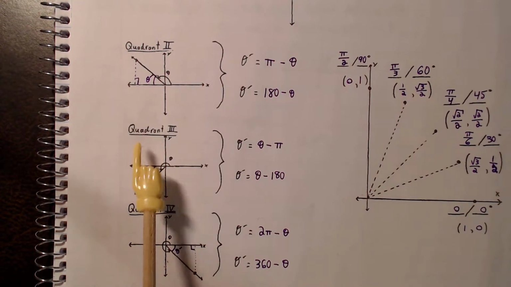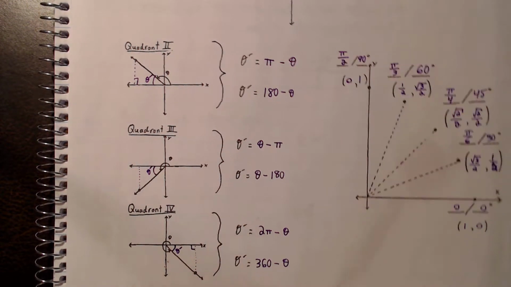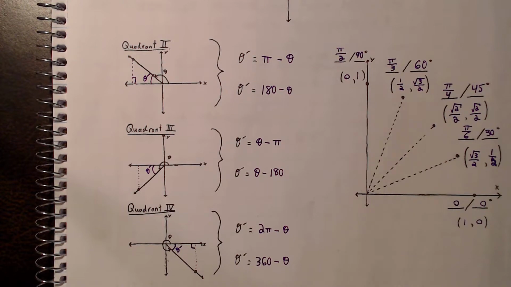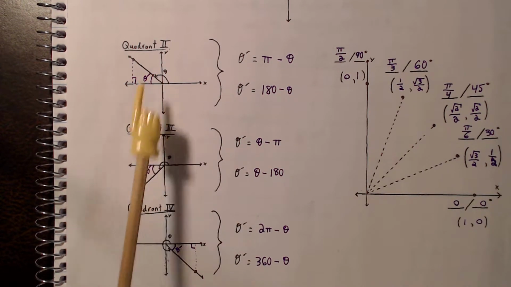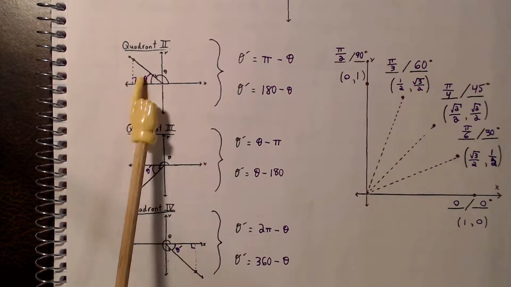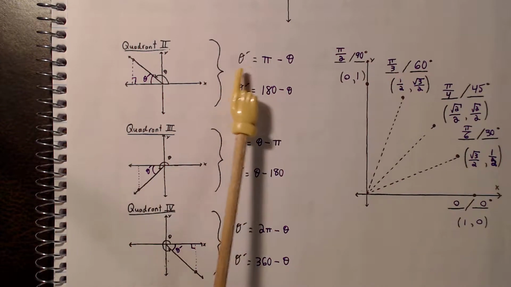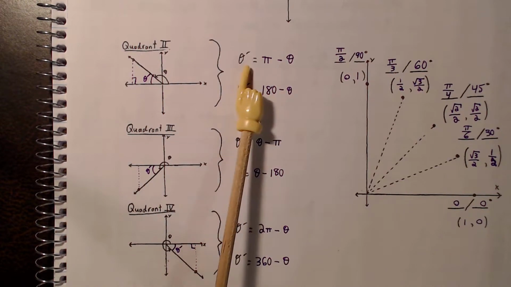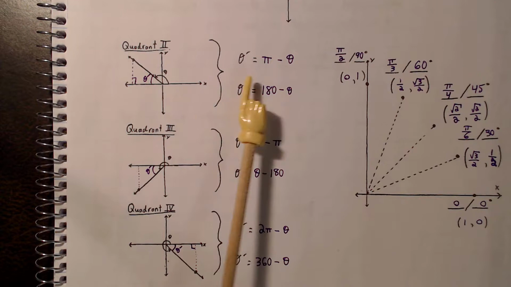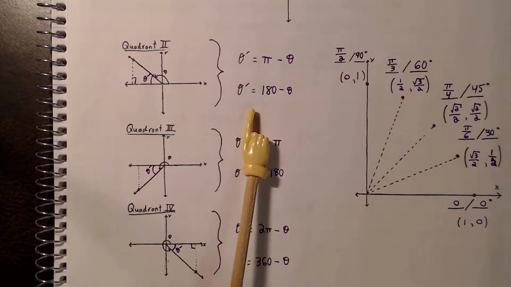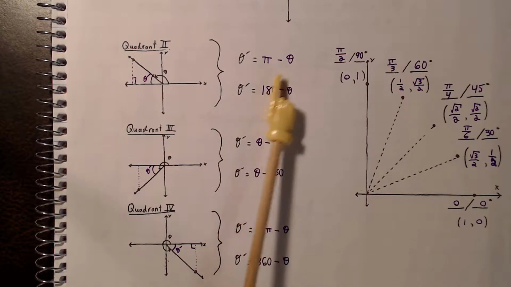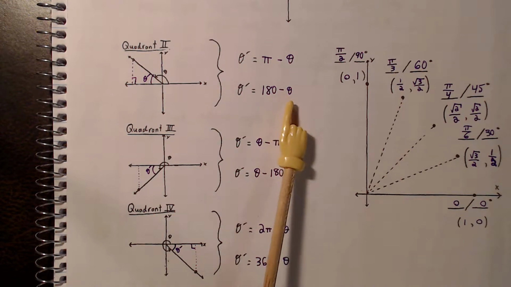So long story short, I want to shorten this video up for us as much as we can. If we notice where our angle falls, the quadrant that it falls in, we can find the reference angle by using these formulas. Okay, if we're working in radians, we'll use the top version. Degrees will work in the bottom version.